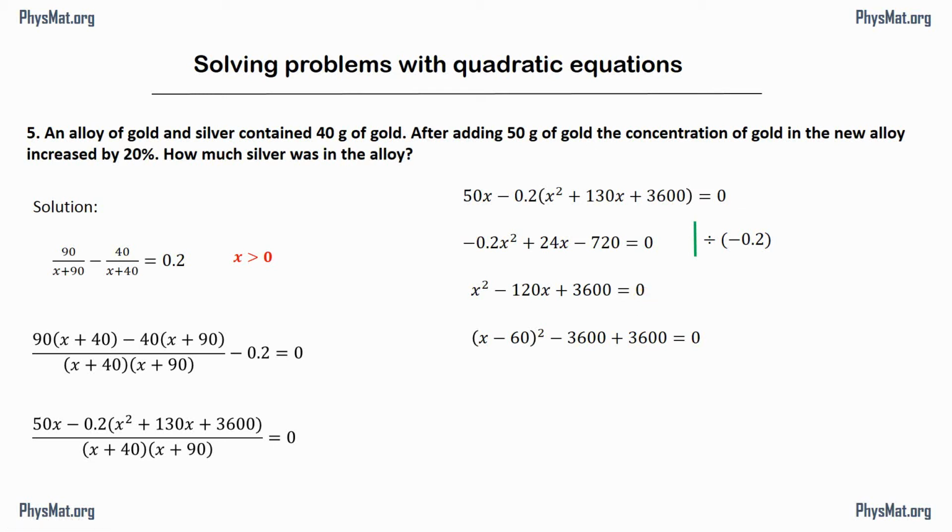So the easiest way to solve this quadratic equation would not be calculating discriminant, but spotting that if you complete the square here, you will get the following expression. x minus 60 squared will give you x squared minus 120x plus 3600.